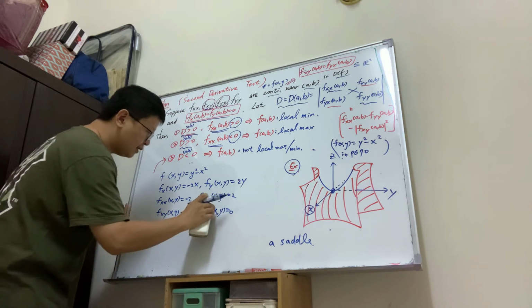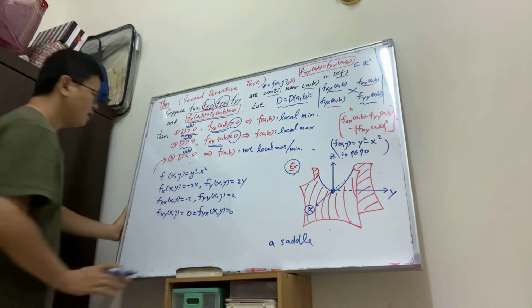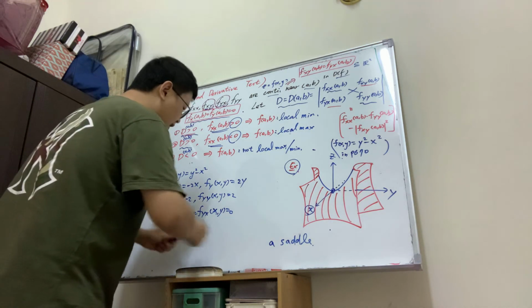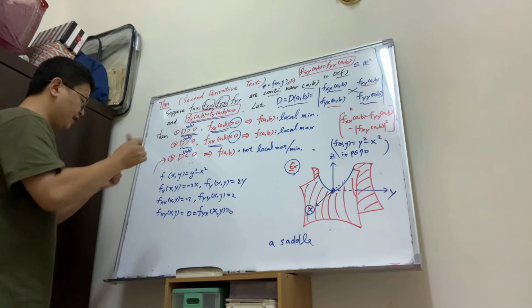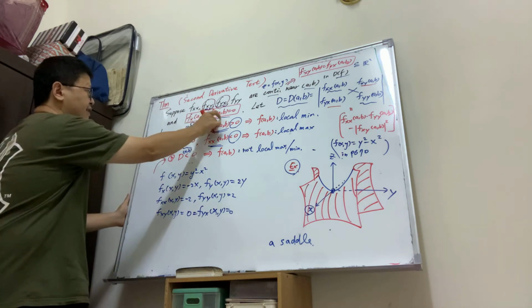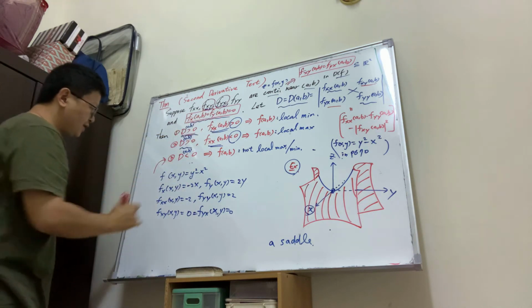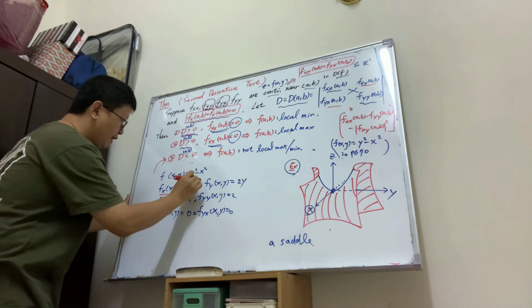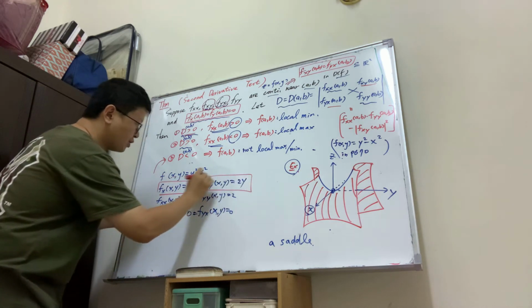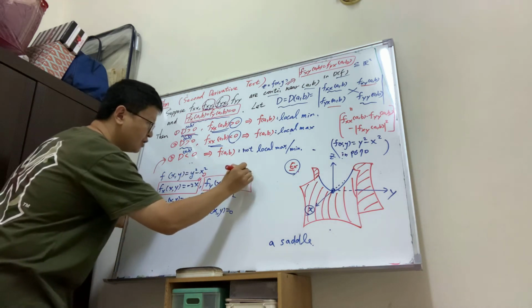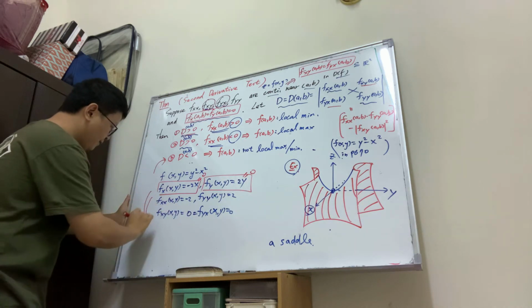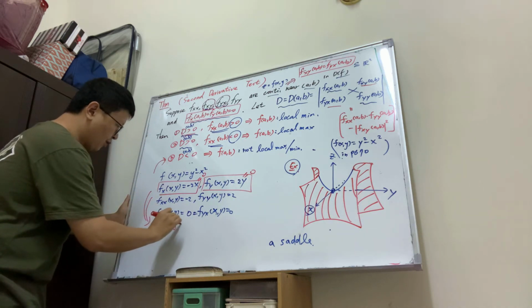So as we say, if you want to use the second derivative test, first of all, you should consider the case where the partial derivative in x equals 0 and the partial derivative in y also equals 0. In this case, you will see x equals y equals 0.